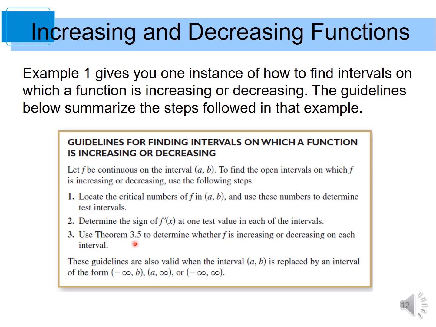Third, use Theorem 3.5 to determine whether f is increasing or decreasing on each interval. These guidelines are also valid when the open interval (a, b) is replaced by an interval of the form negative infinity to b, a to infinity, or negative infinity to positive infinity.